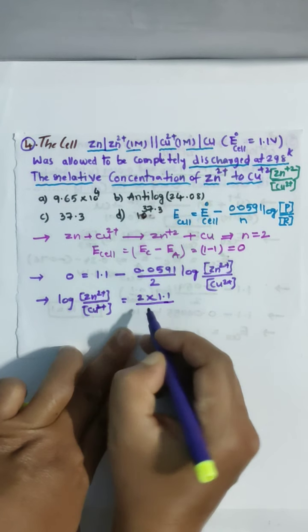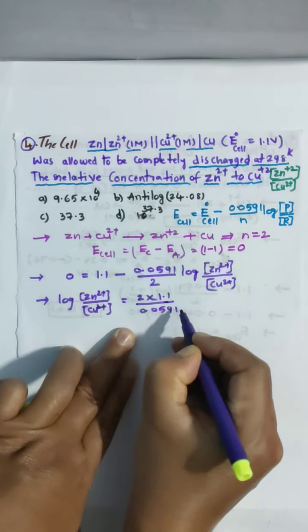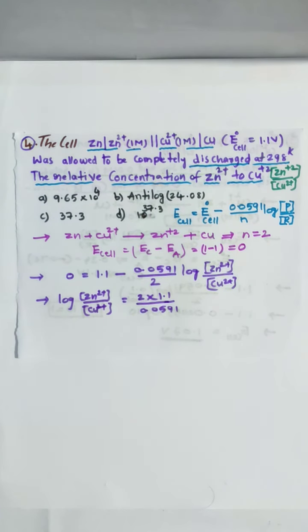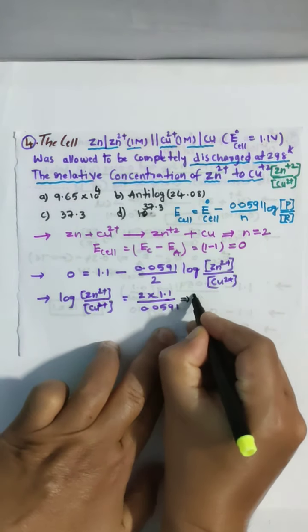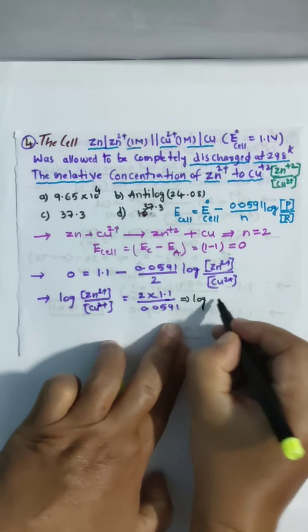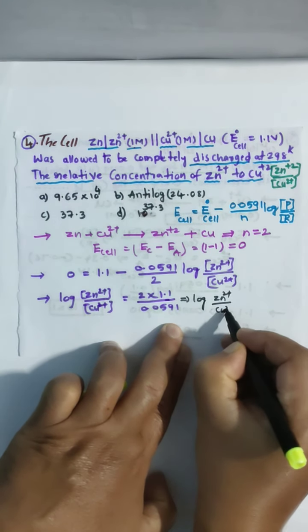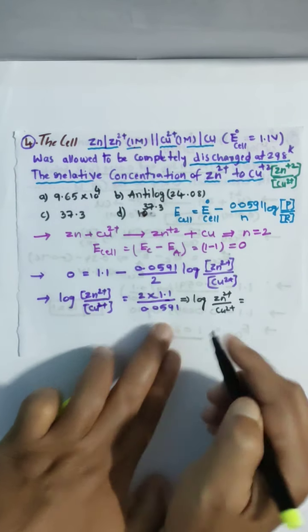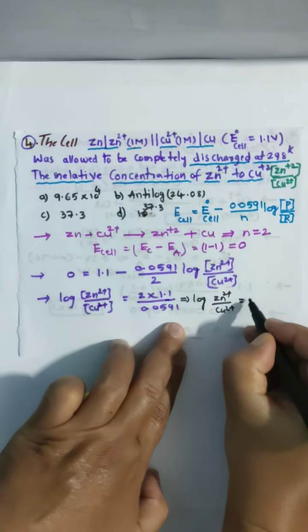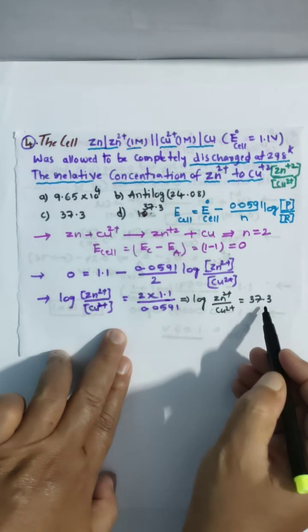So 2 into 1.1 upon 0.0591. Am I right? Now log terms are here, so we can write log Zn2+ upon Cu2+ equals, if you simplify this, 37.3.